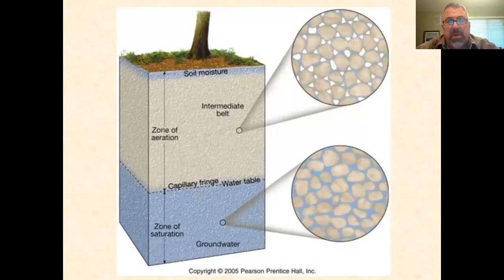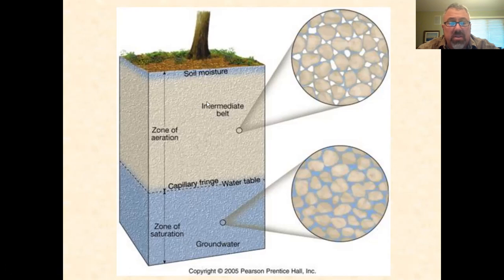So if we look at our picture here, we can see our soil moisture, which is damp from the surface. And then we go into that middle belt that's dry, this zone of aeration. And it stays dry until we have rain or snow or something that melts.